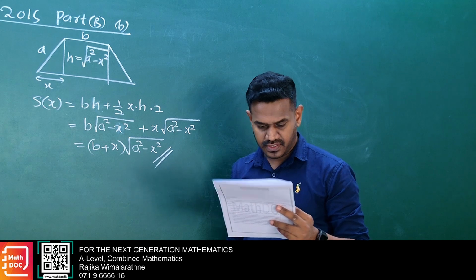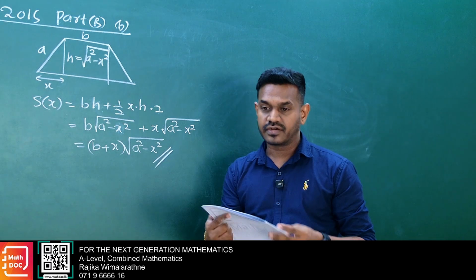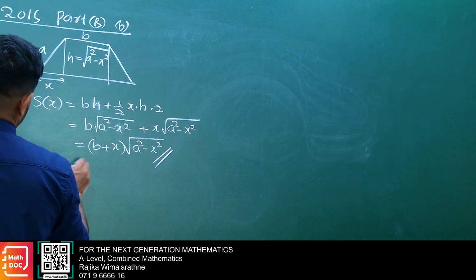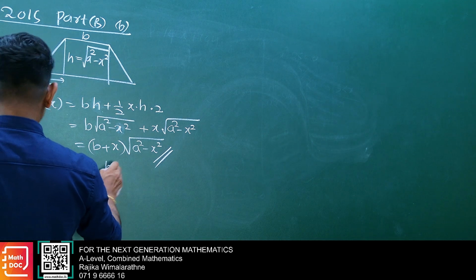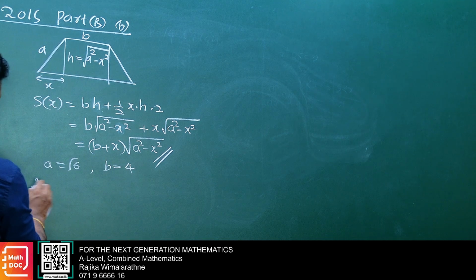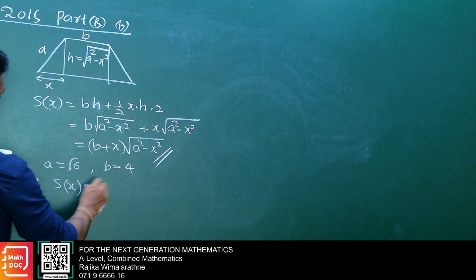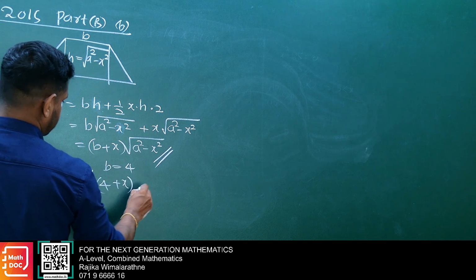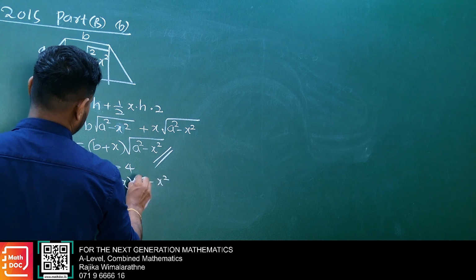Now further given that A equals root 6 and B equals 4. Now substitute. Therefore the function is S(X) equals 4 plus X times square root of 6 minus X squared.